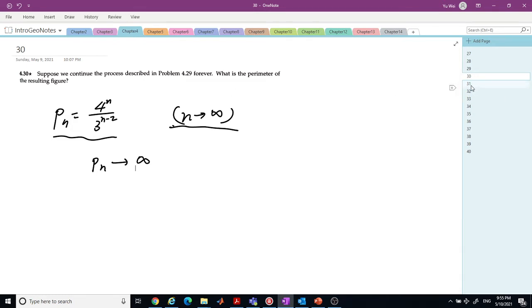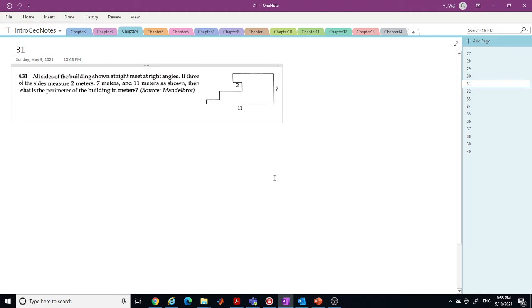Okay, so this is how the fractal geometry works. Then next, what's the perimeter of this building? For this one, we can always map something to a rectangle.